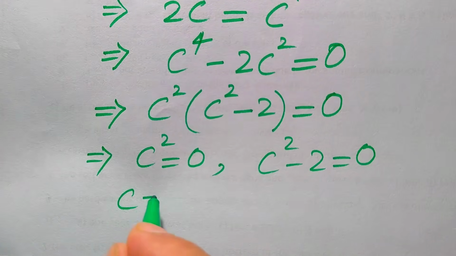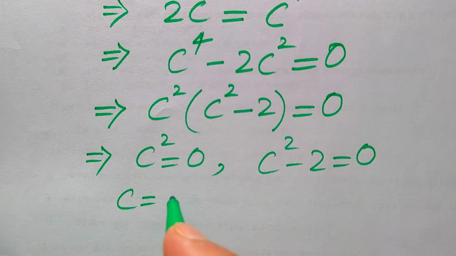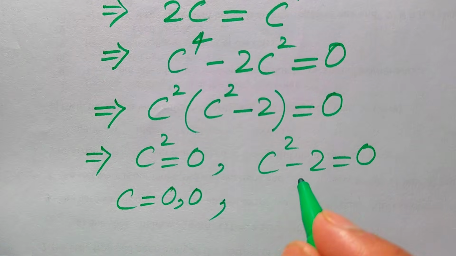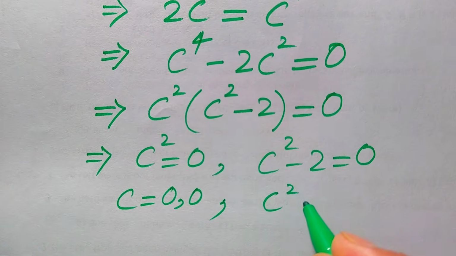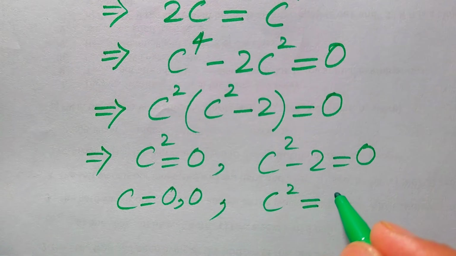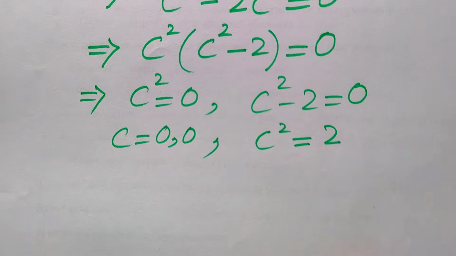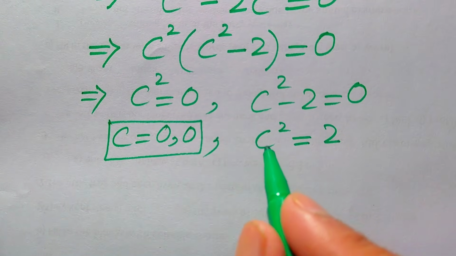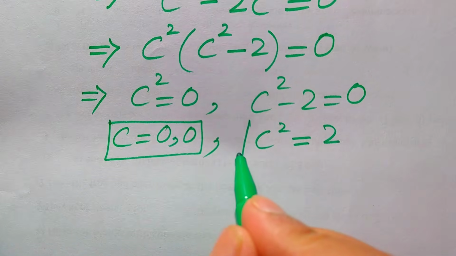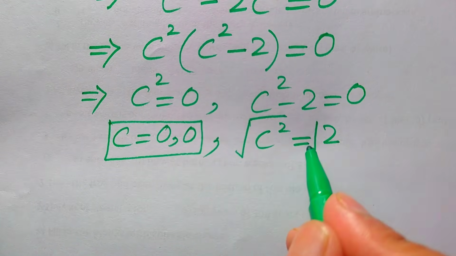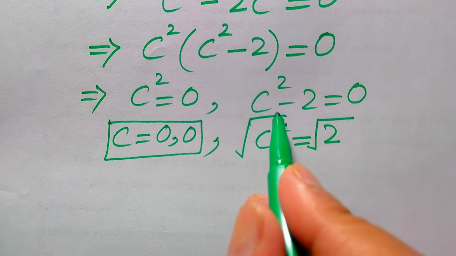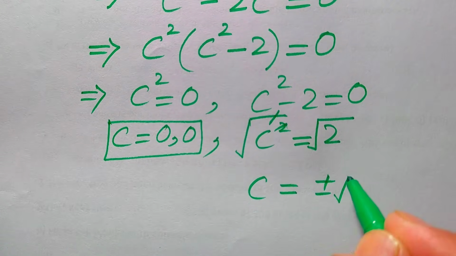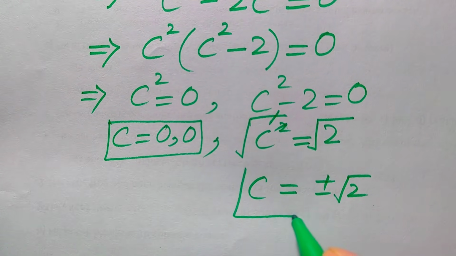From here we get two repeated roots of this equation, 0 and 0, and from the second case we move minus 2 to the right hand side, and we get c square equals plus 2. To remove the square sign, we apply the square root on both sides. The 2 and the square root are gone, and we get c equals plus or minus square root of 2.